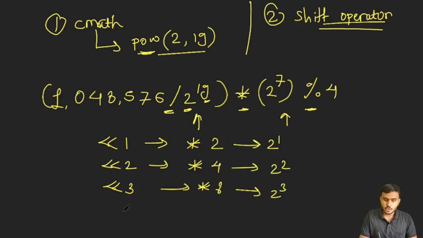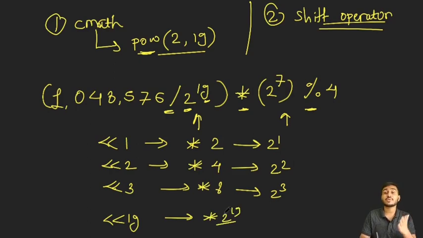So if you do left shift by 19, it is going to be multiplication by 2 raised to 19, just as left shift by 3 is multiplication by 2 raised to 3.